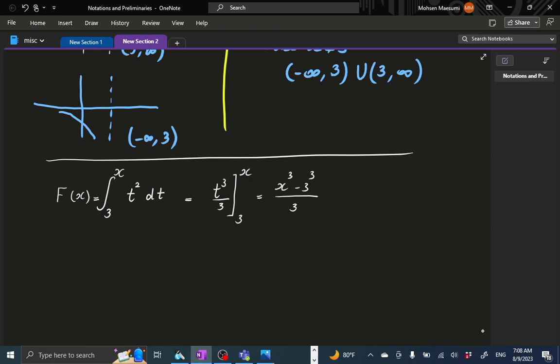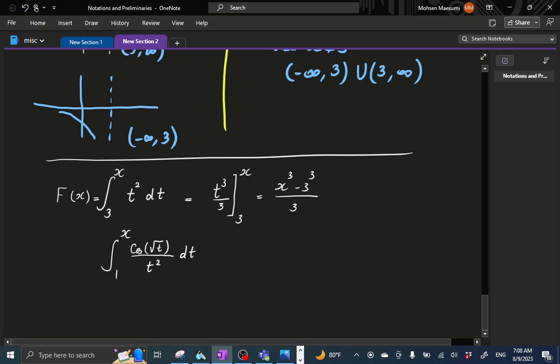Now what if I had something else? Like, say, let's make it look bad, cosine of square root of t over, say, t squared dt, again from, say, 1 to x. Okay, now this is not that type of thing. I don't know how to integrate that.